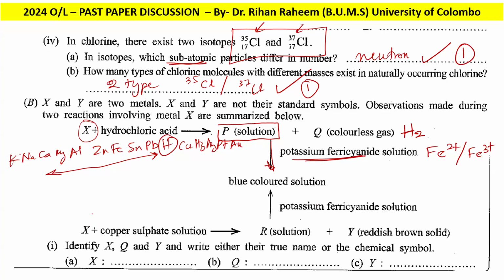Here, X is reacting with copper sulfate solution, and we are getting an R solution and a reddish brown solid. That means copper is getting replaced. X plus copper sulfate: what is happening? This X will take the sulfate and go. Copper will get deposited, that is becoming a reddish brown deposit.